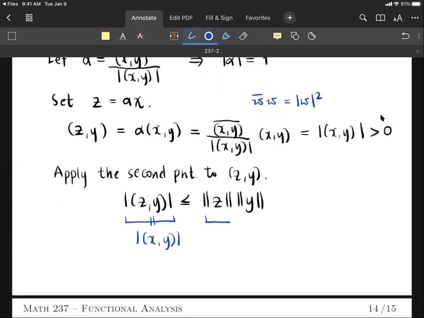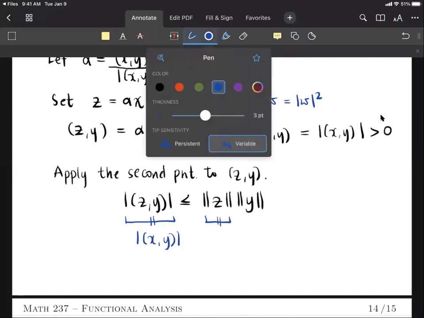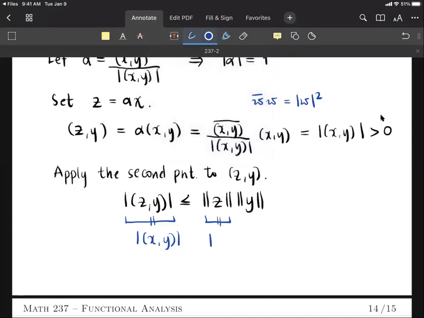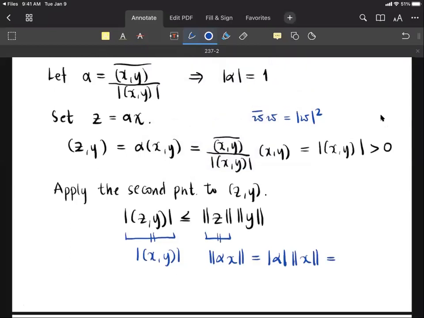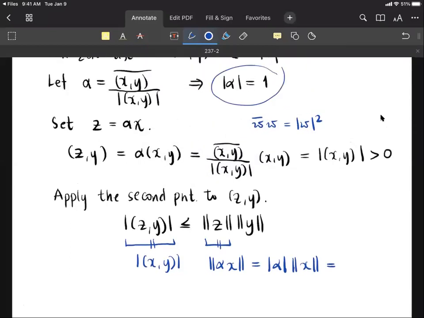And how about the magnitude of z? By definition, what is z? Z is equal to alpha x, okay? By homogeneity, this is the magnitude of alpha times the norm of x, but since we know that the magnitude of alpha is equal to 1, this is equal to the norm of x.